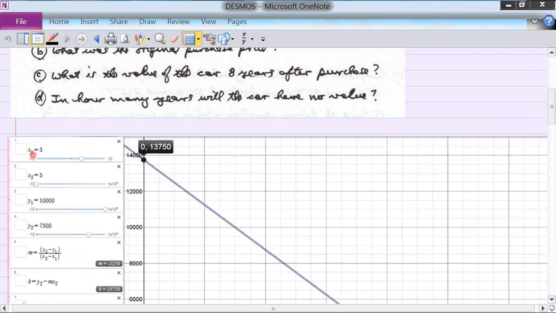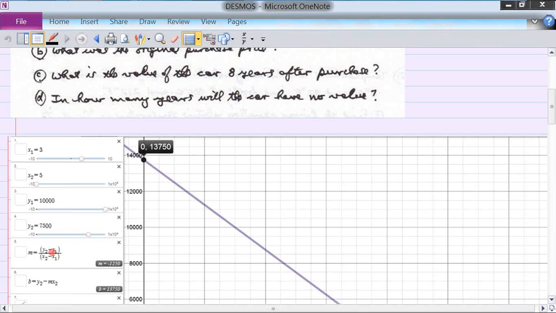We're going to call them X sub 1, X sub 2, Y1, Y2. So one set of ordered pairs on the line, let's say 3 and 10,000, is my X1, Y1, and 5 and 7,500 is my X2, Y2.